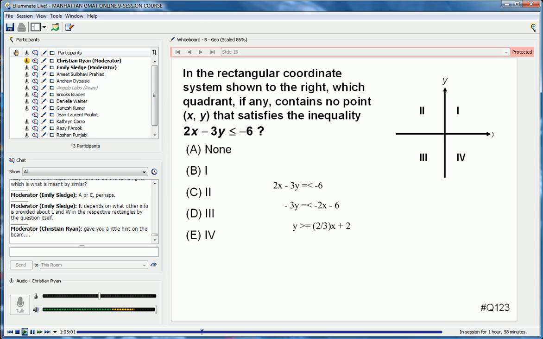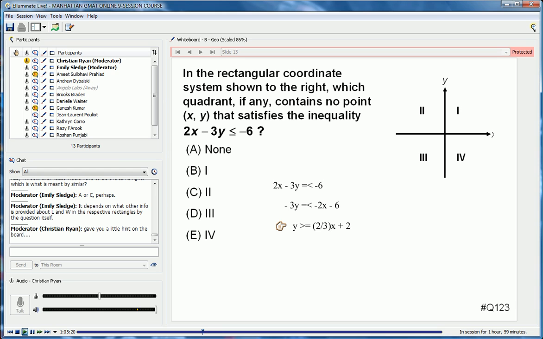Okay, coordinate plane, everybody's favorite plane. Go ahead, put in your answers. Give you a little help here on the board. What is this thing? Text it in to everybody. What does this look like?